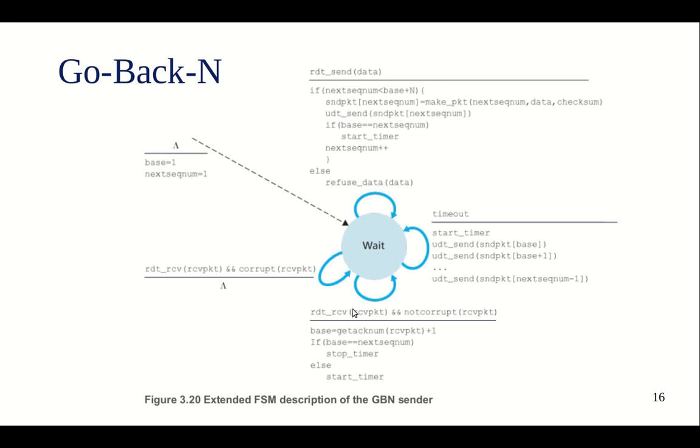Or an ACK packet would have arrived, and that ACK packet could have been corrupt, or the ACK packet is not corrupt, in which case we have to shift the window right. Or a timeout occurs, in which case we resend all the packets in the window and start the timer again. Now I'm going to explain to you how this is implemented in the simulation code.